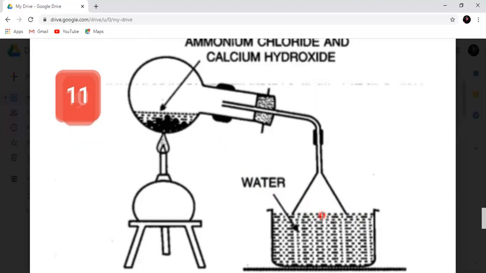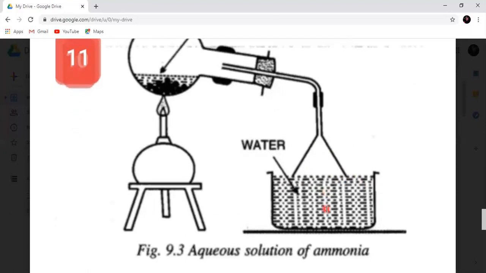The ammonia in which the water is soluble rushes into the funnel, and the contact between the funnel and the water is lost for a moment. As ammonia is highly soluble, it pushes the water down, and the contact of the funnel and the water level is maintained. This arrangement is used for avoiding back suction.